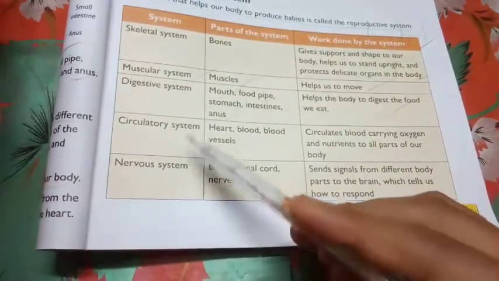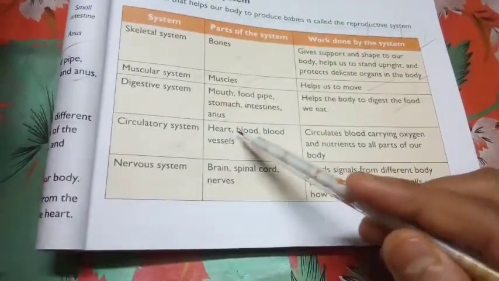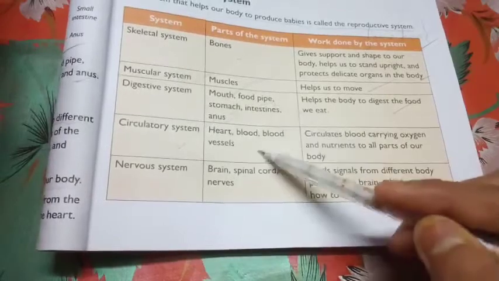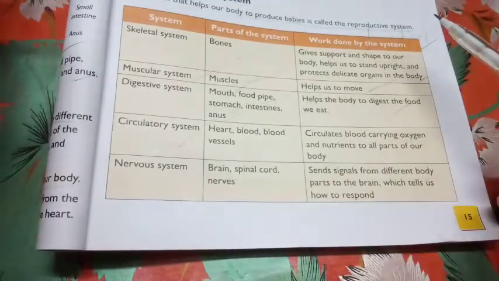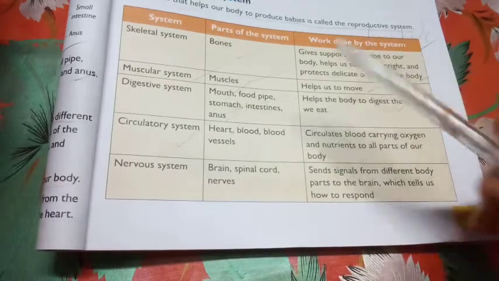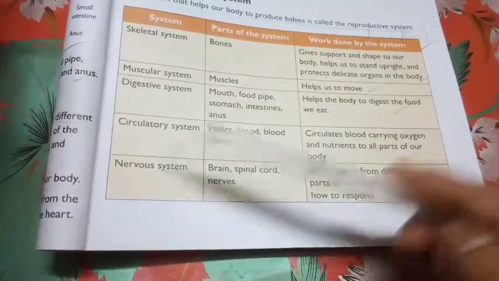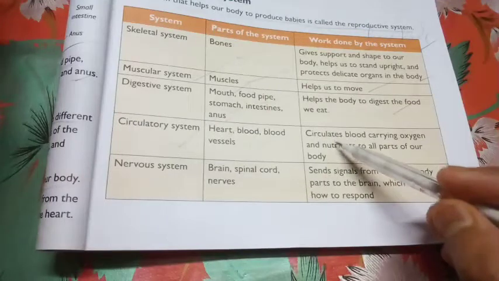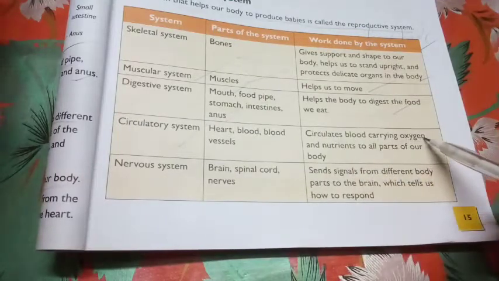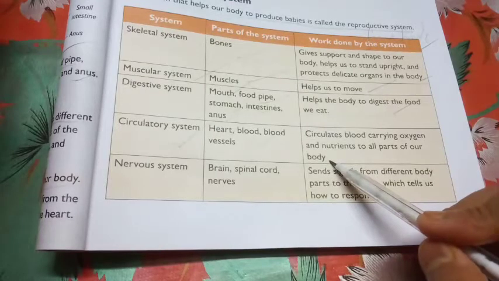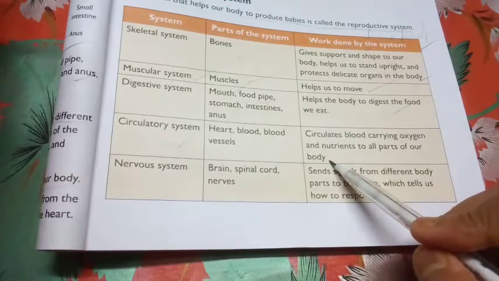Next we have our circulatory system. Organs: heart, blood and blood vessels. Three main organs are there. These are the organs and these are the organ systems. Functions: circulate blood carrying oxygen and nutrients to all parts of our body. So who helps to circulate blood?